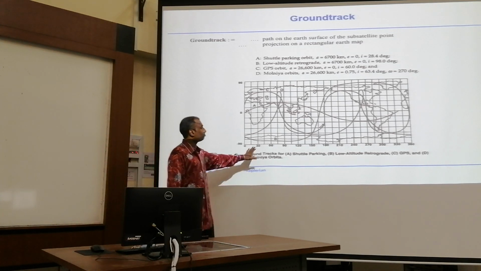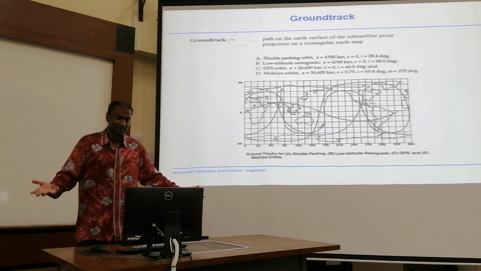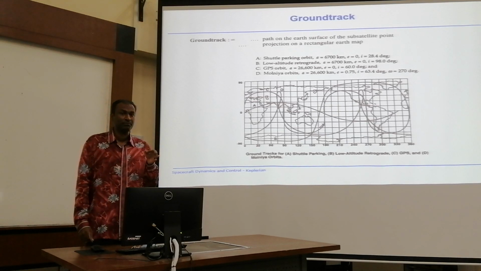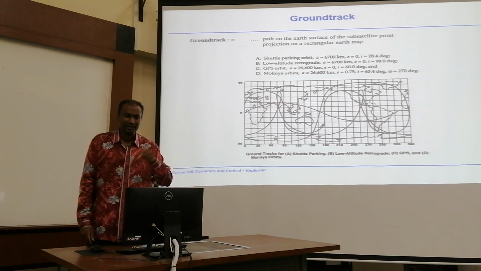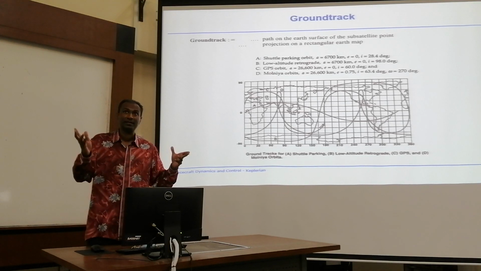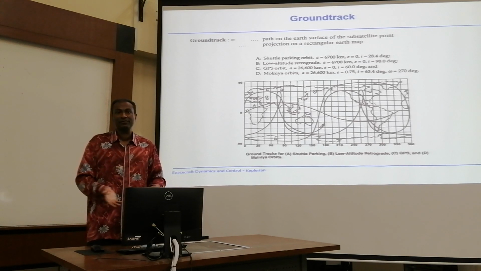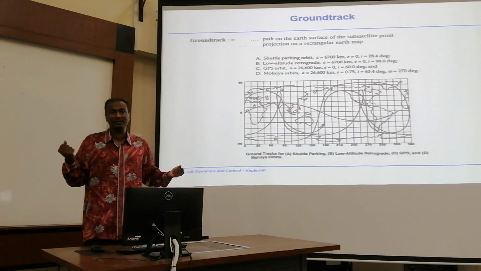So in order for us to produce a good ground track, you must do orbit control. You must, because why is the ground track important? Because the ground track tells you exactly whether you are supposed to, let's say, scan a particular place, scan Malaysia. You are supposed to pass above Malaysia. If you are not passing above Malaysia, then it's a problem.